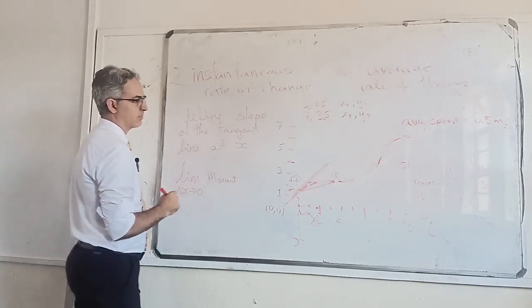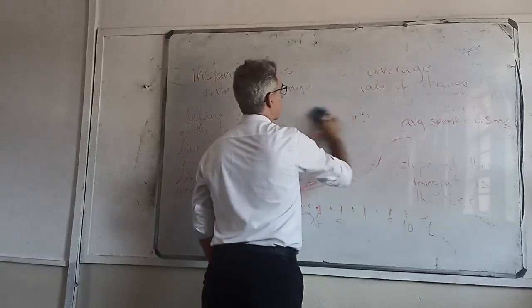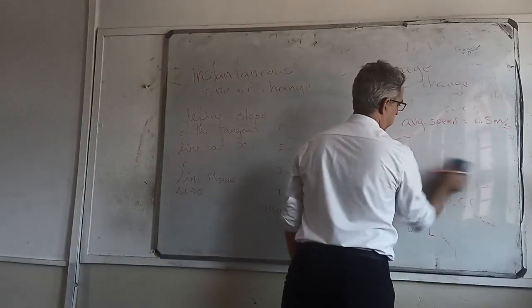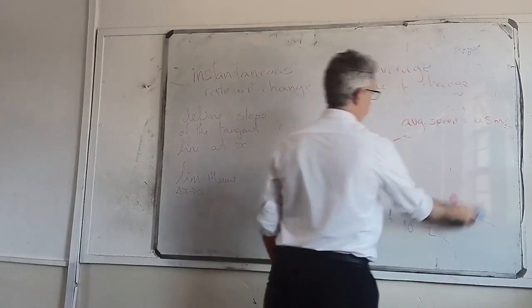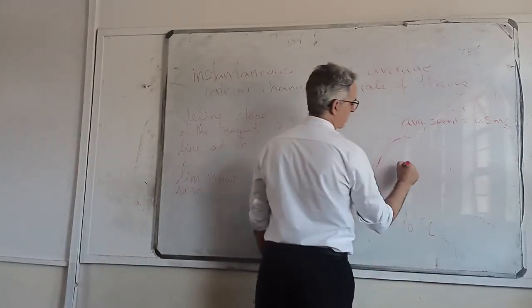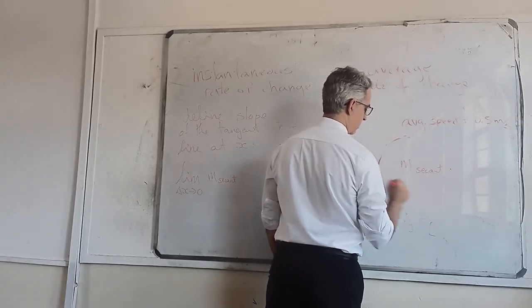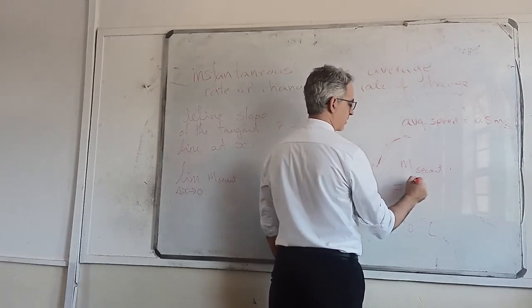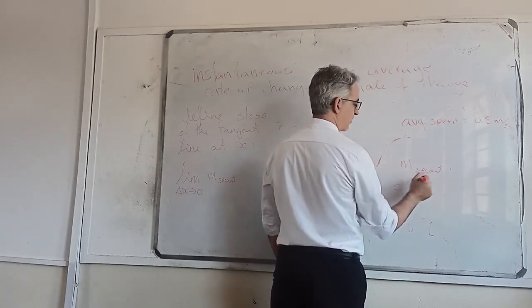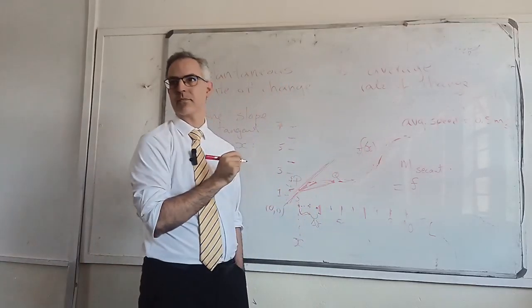Now, what is m secant? We can write that down. The slope of the secant is... We have a function. This is a function f of x, right?